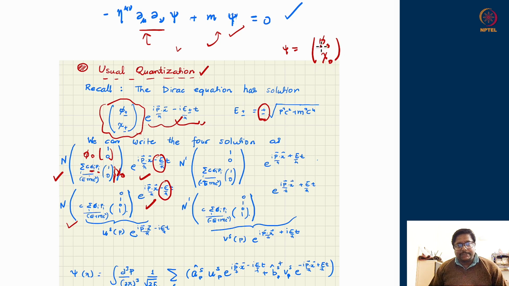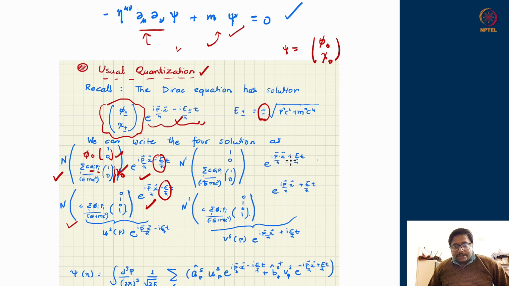And further, if I demand that phi naught and chi naught individually be eigenstates of the helicity operator, it can come with (1 0) (1 0) or (0 1) (0 1). The (1 0) (1 0) structure is for plus h bar by 2 helicity, and this one is minus h bar by 2, or, loosely called the spin value, spin half and spin minus half, or helicity Sz plus half and Sz minus half, with positive energy.